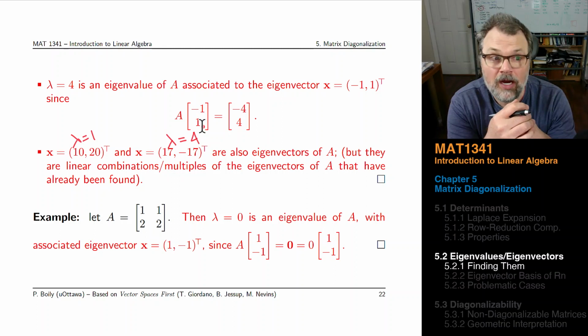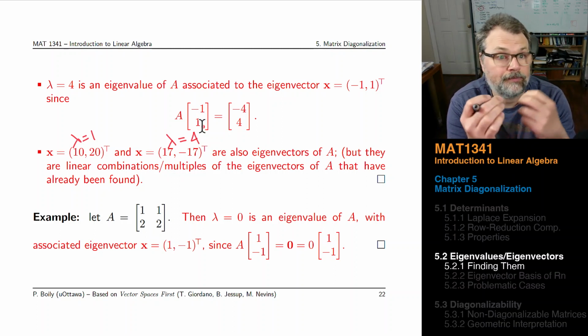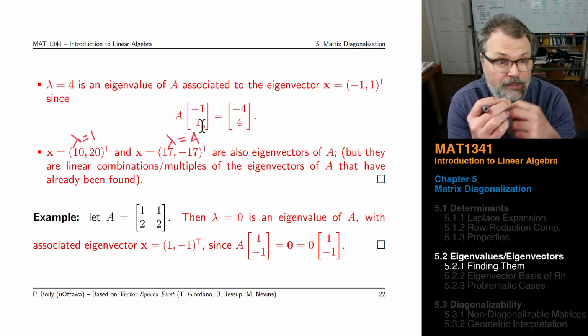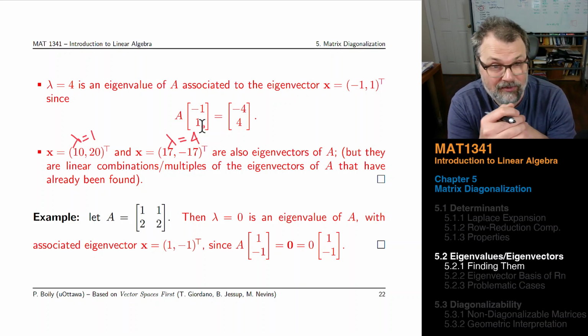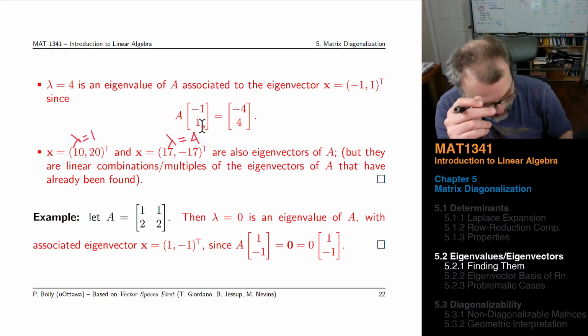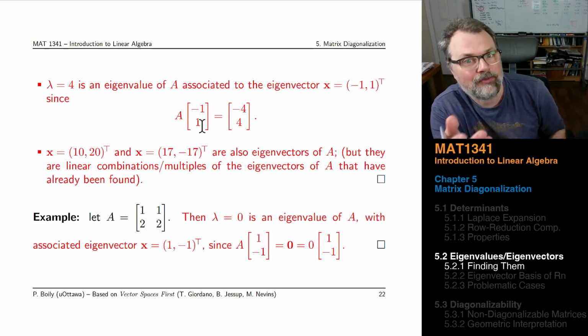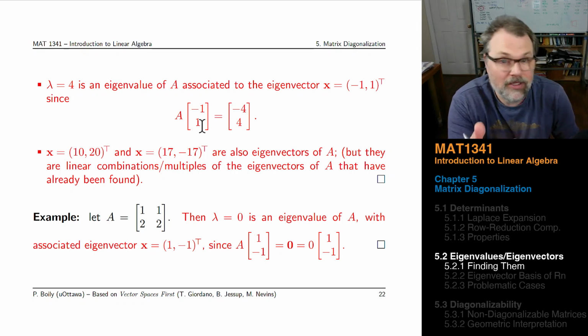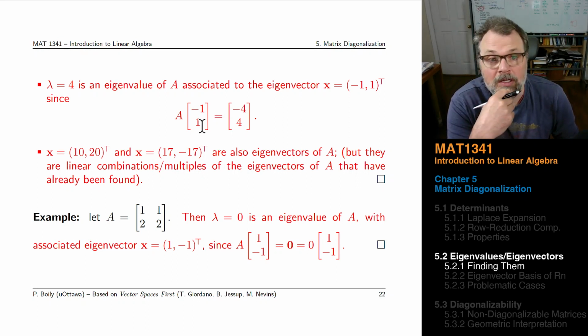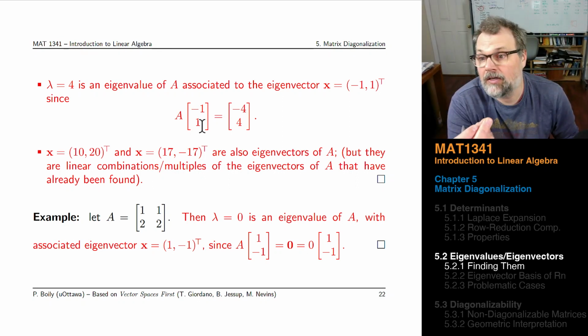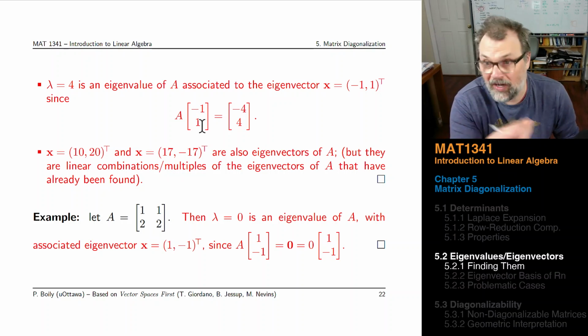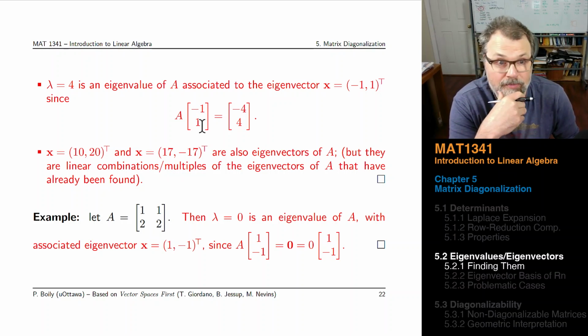But what they are is linear combinations or multiples of the eigenvectors that have already been found. So yes, they're different eigenvectors, but they're not really different in the sense that they belong to the span of one of the other two eigenvectors that have already been identified.